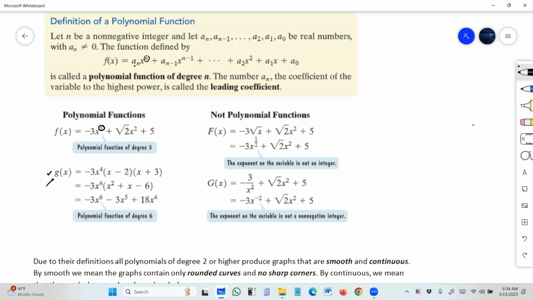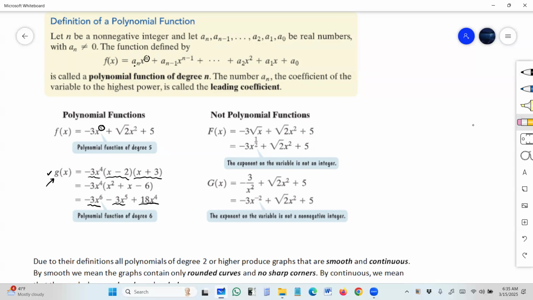In the second case, this is an important case because the polynomial is given to us as a product, which is also allowed. We can write the polynomial as a product. All we have to do is expand and multiply these terms so we know the individual terms of the polynomial. And once we FOIL the x minus 2, x plus 3 and we multiply by minus 3x to the fourth, we get minus 3x to the 6 and these two other terms.